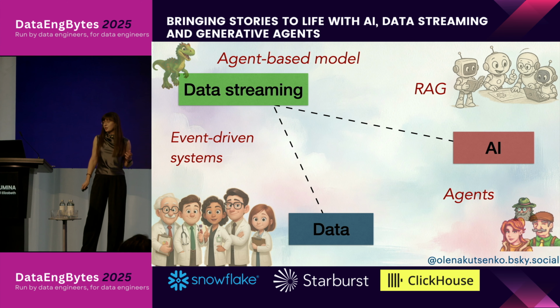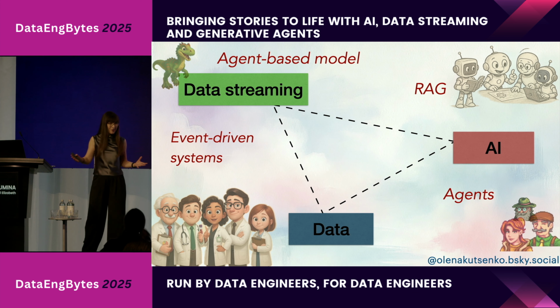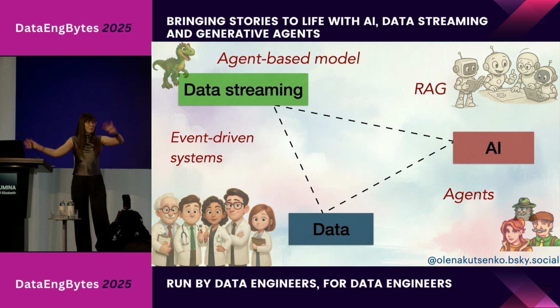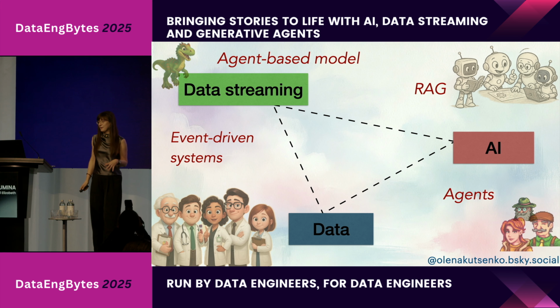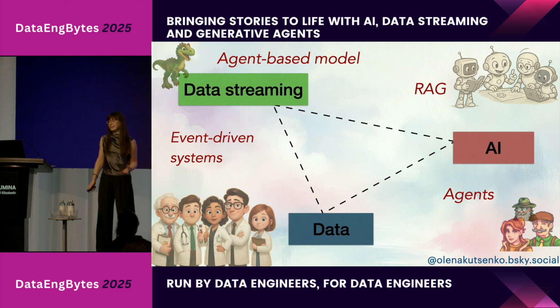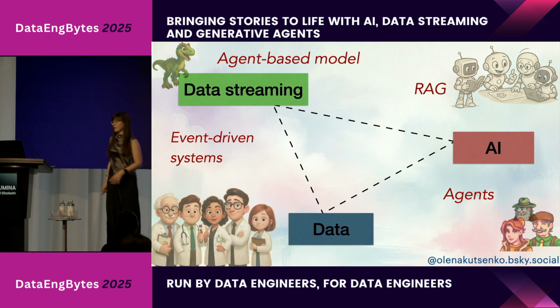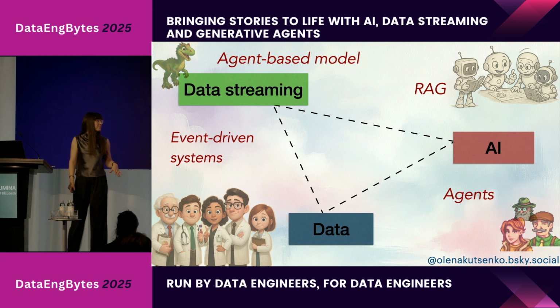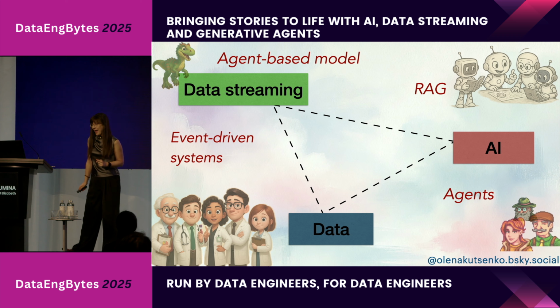Data streaming, we can think of as the nervous system of our application, where all the data moves in real time and enables all those powerful scenarios. Then AI is the brain of the whole thing, and data itself is like a memory, all those vector searches or data warehouses, all of that together. So we will see how those unite in different use cases.